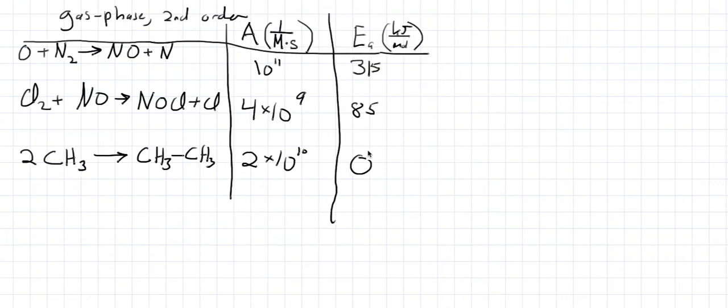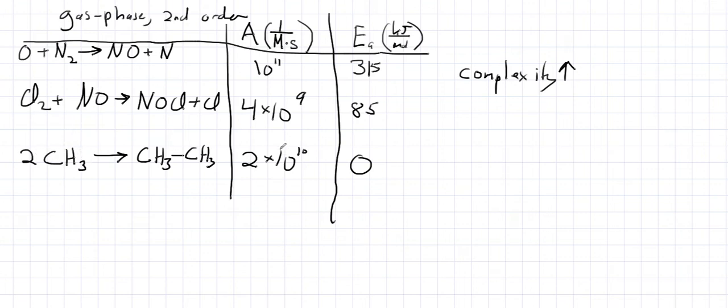Let's see if we can pick up some trends by looking at this data. First of all, we notice something about complexity of reactants. If complexity of the reactions goes up, what does that do? Well, here we have a simple atom attacking. Here we have two molecules attacking each other. And here we have two radicals attacking each other.